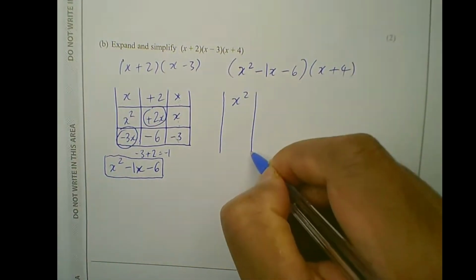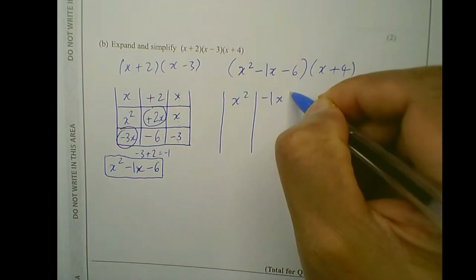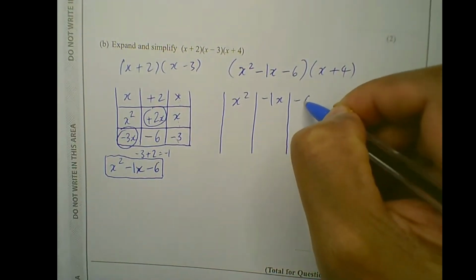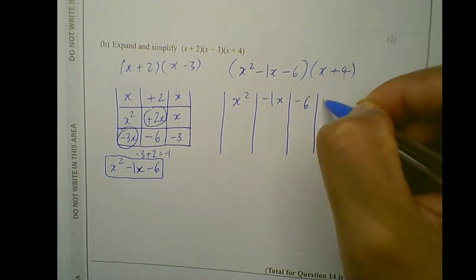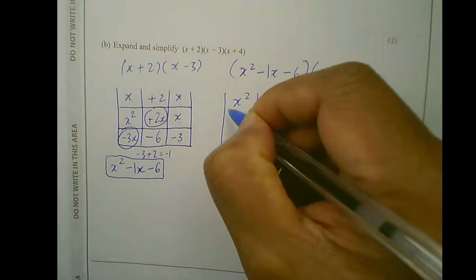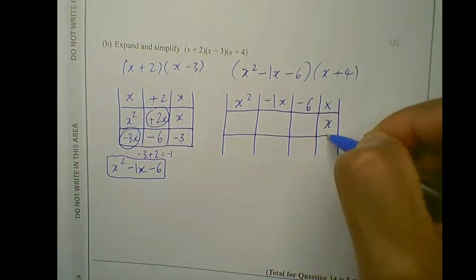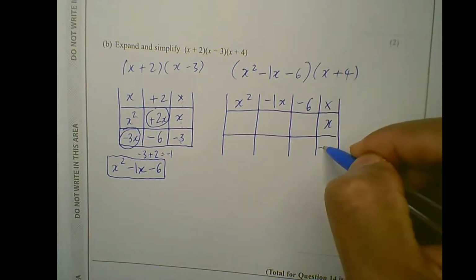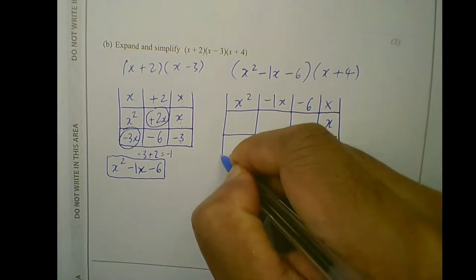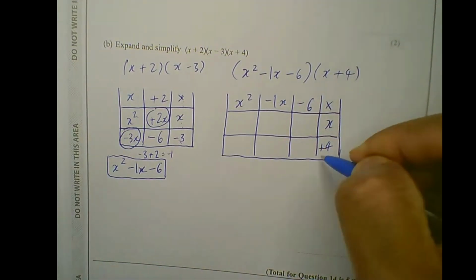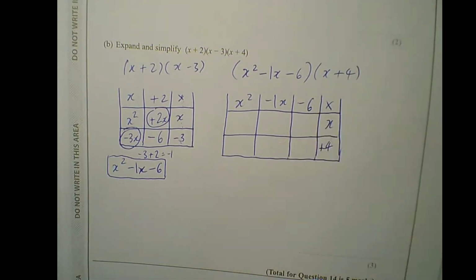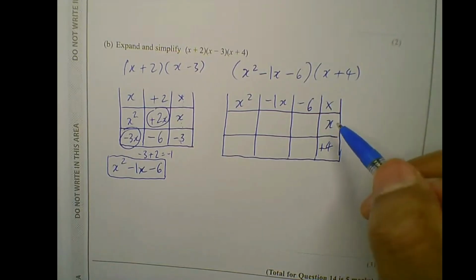x squared minus 1x minus 6 multiplied by x plus 4. Okay, and now I just carry on simplifying. I'm expanding this.